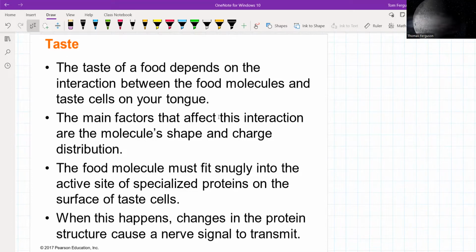So your mouth goes, sweet. But when your body's amylase tries to take it apart, it can't because the chlorine is not a hydroxide group. So all these little things in terms of three-dimensional shape really make a big difference in terms of how your body reacts. Your body is really sensitive to this.